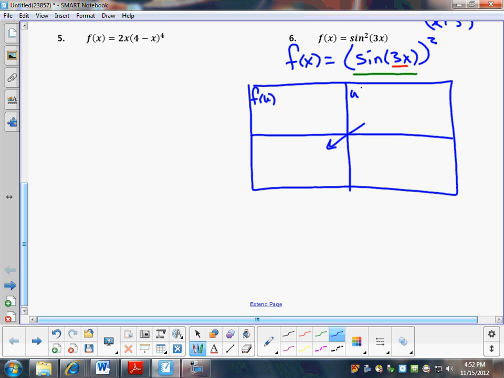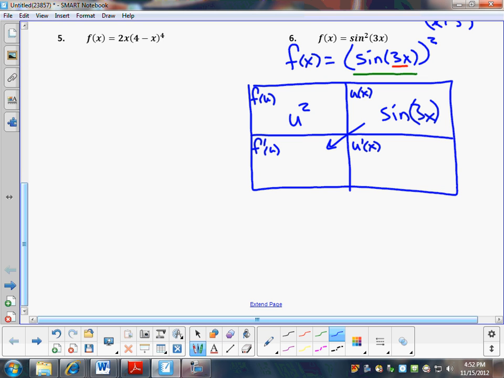F of u of x, prime of u prime of x. F of u and u of x. In this case, u of x will say is sine of 3x. And f of u is going to be u squared.